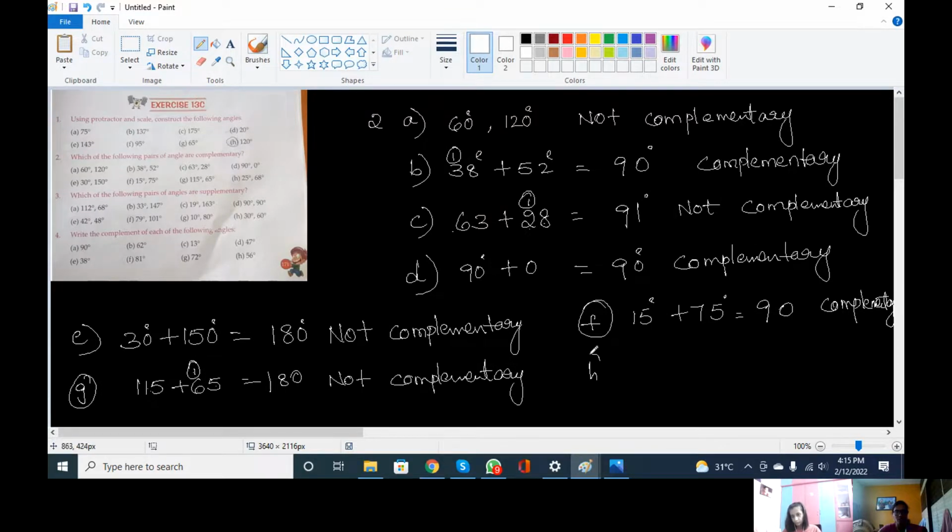And H bit, 25 degrees plus 68 degrees. 8 plus 5, 13. And 6, 7, 8, 9, 93 degrees. So these are not complementary, these are not supplementary.